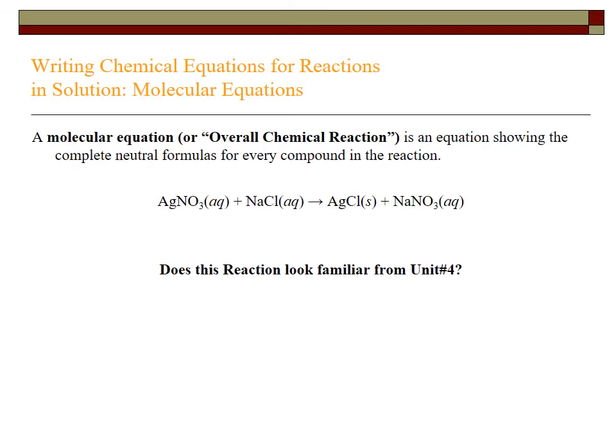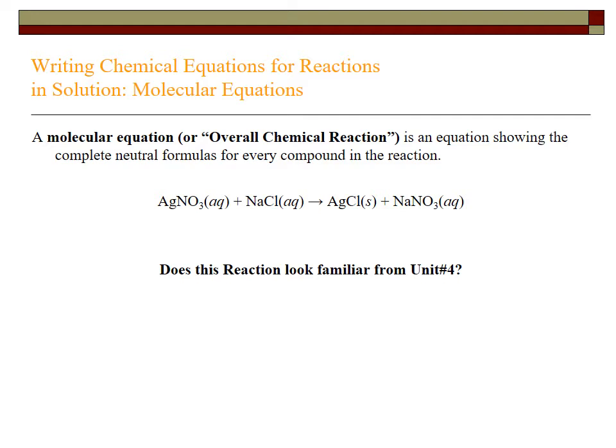So let's start off talking about molecular chemical equations. A molecular equation, also known as an overall chemical reaction, so you'll hear it presented either way, is an equation showing the complete neutral formulas for every compound in the reaction.